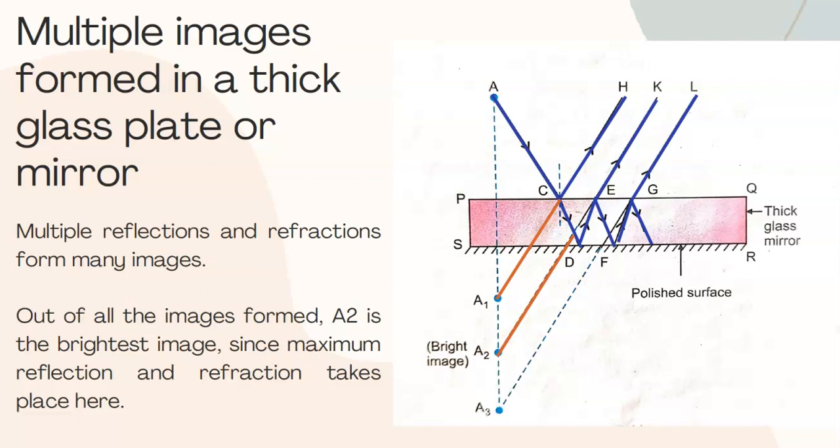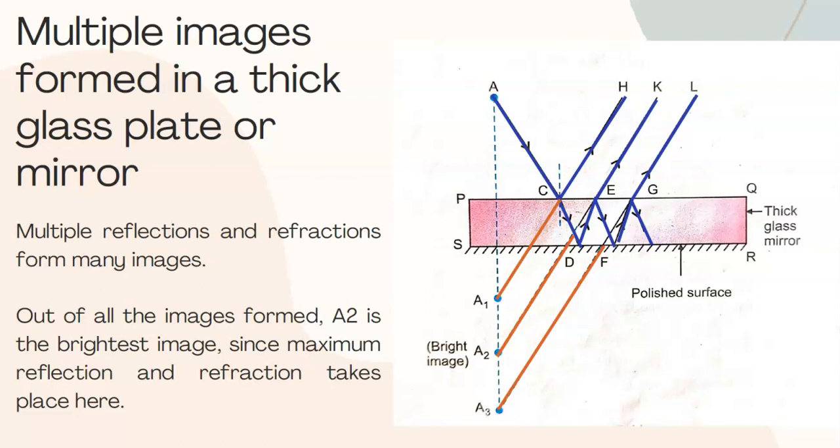If we extend the third ray backward, we get the third image formed at A3, and so on. We can get 6 to 7 images in this particular thick glass mirror. You can get multiple images depending upon the length of this glass mirror, right? The diagram is important. Also, why do we get multiple images? Because multiple reflections and refractions take place in this mirror, which form many images.